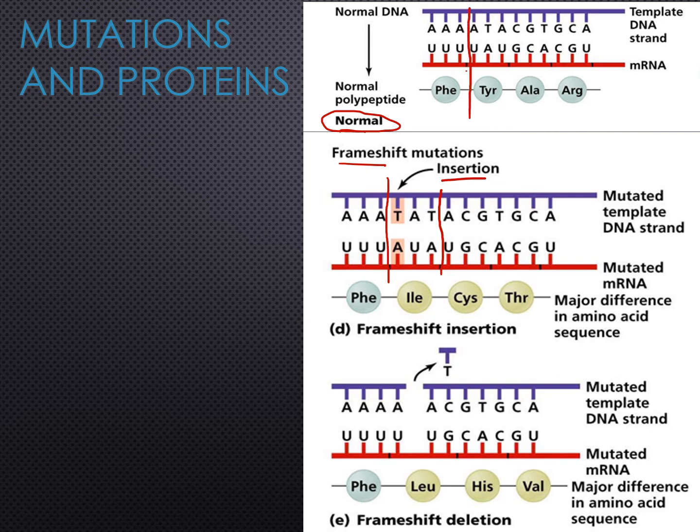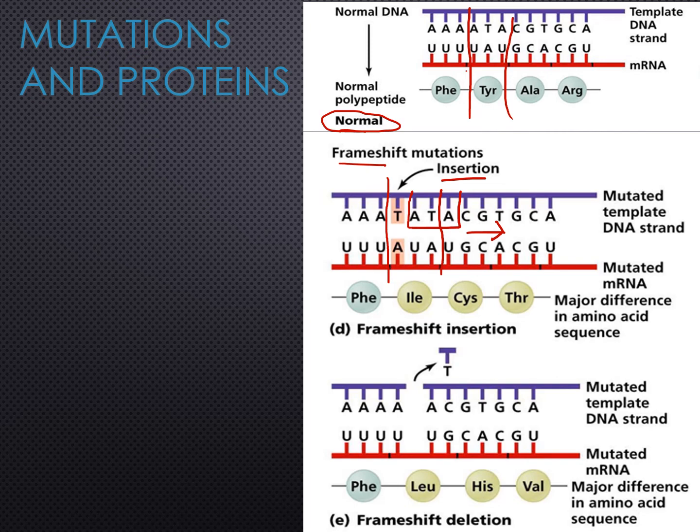Above it was ATA, but now it is TAT. Notice the ATA has just been shifted downward by one nucleotide, and so that shifts all of the resulting codons after that. So you add something or you delete something, it's going to be a major mutation.